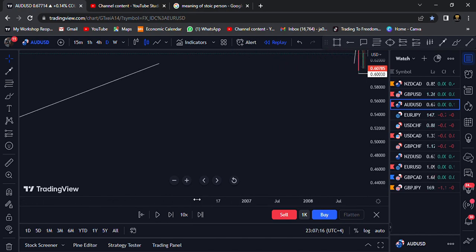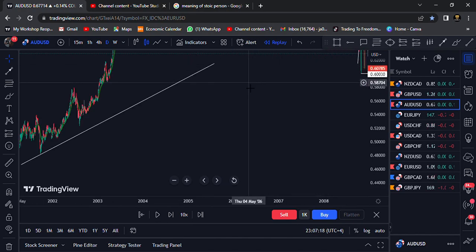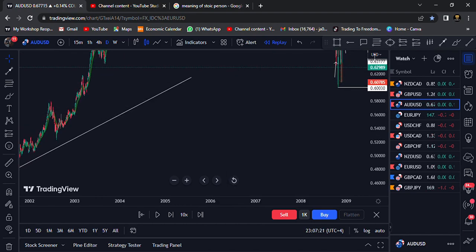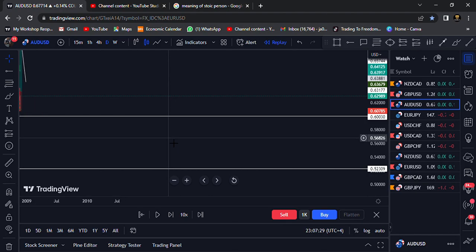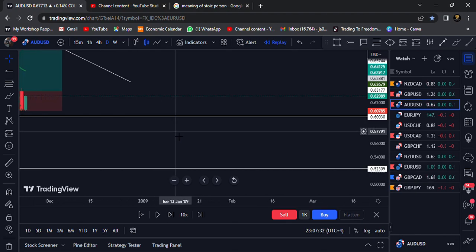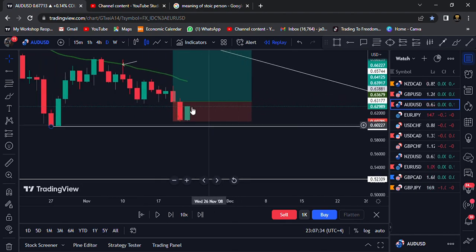Then we collect our profits somewhere here. Yeah, so we'll be collecting our profit somewhere there, that is if price doesn't trigger again but continues to come down here.